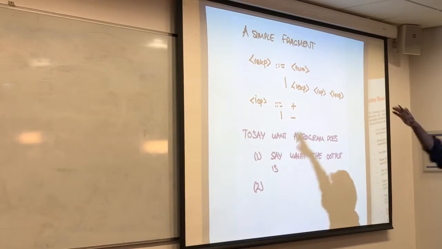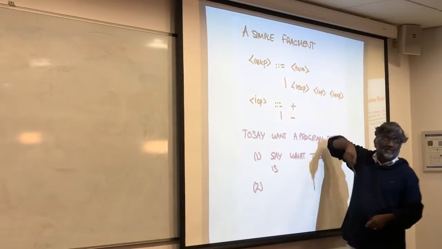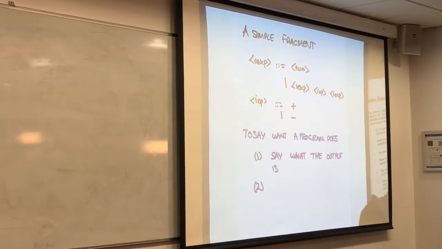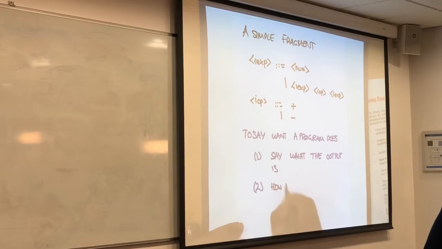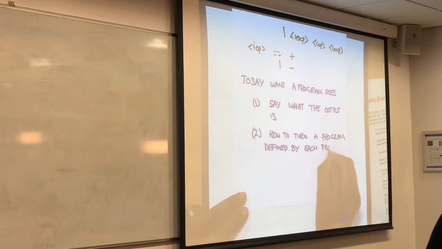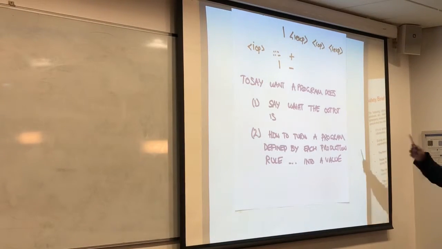Then for every one of these production rules, you've got to say, how do you turn a program defined by each production rule into a value?